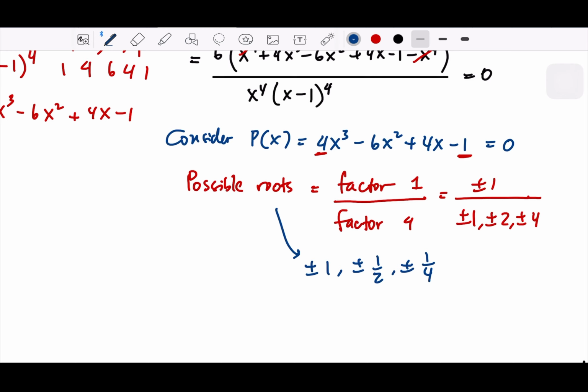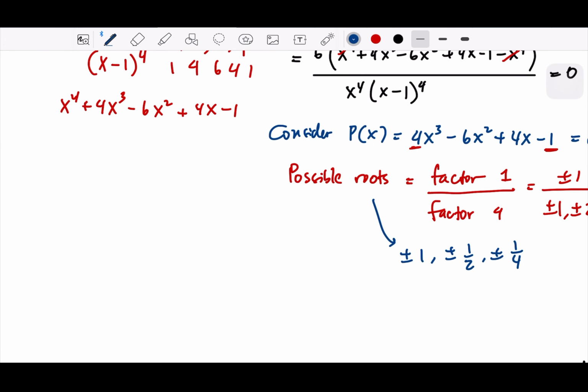And then to know how many positive or negative roots, let me give you one suggestion. It's called Descartes' rule. If you take my basic math, I suppose you are already familiar with this method. So this is positive to negative, so 1.